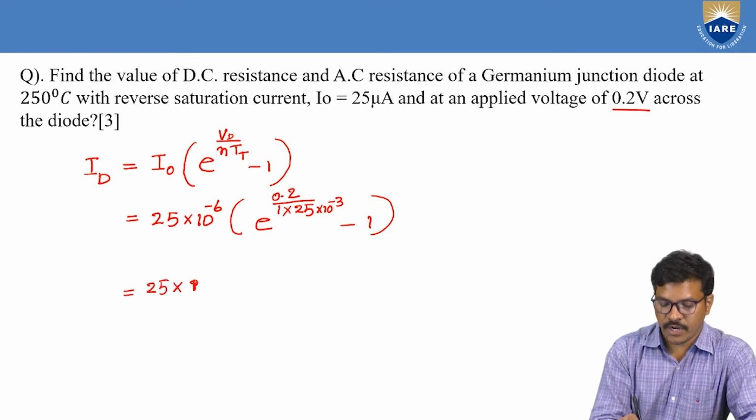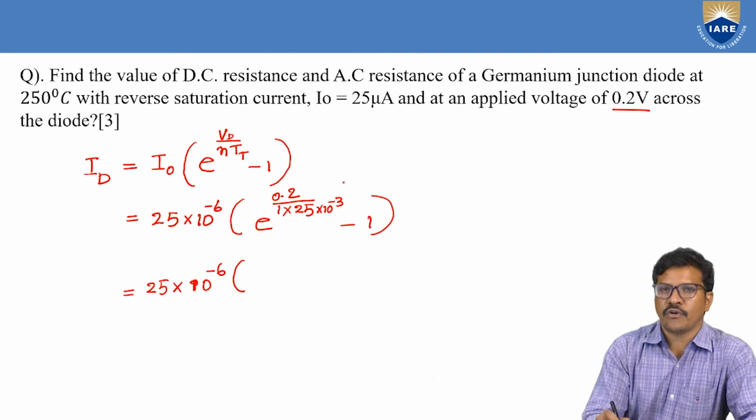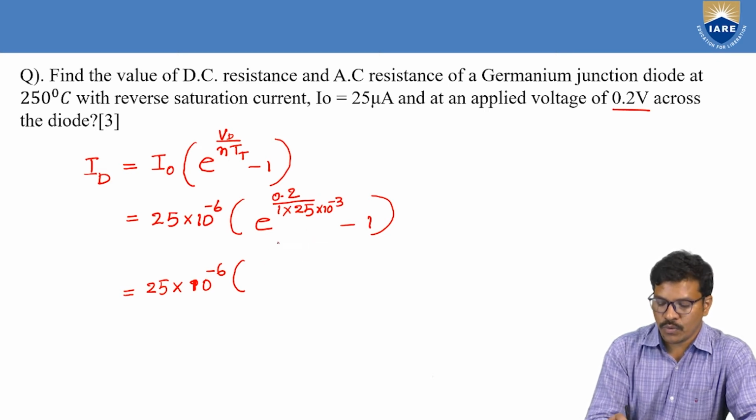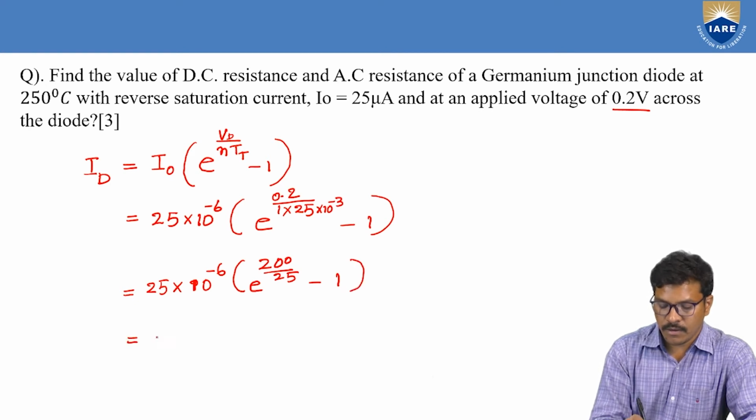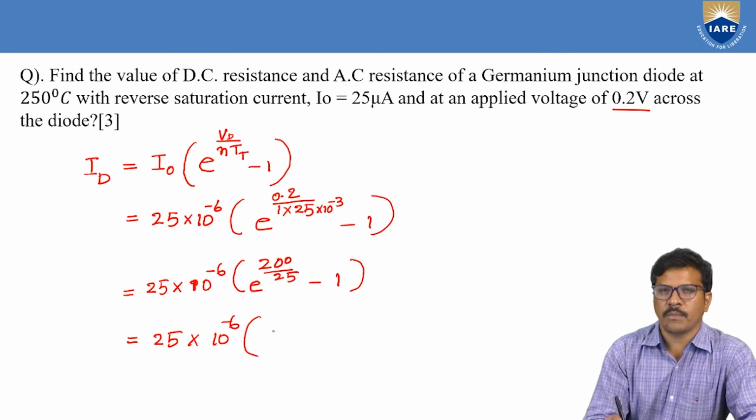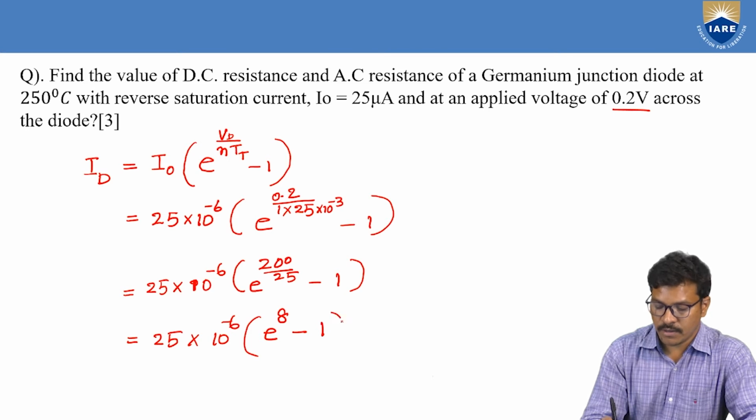By finding all the values, we minimize them into some values. So this can be written as 0.2 into 10 to the power 3, we get 200, so e power 200 by 25 minus 1, which means e power 8 minus 1.